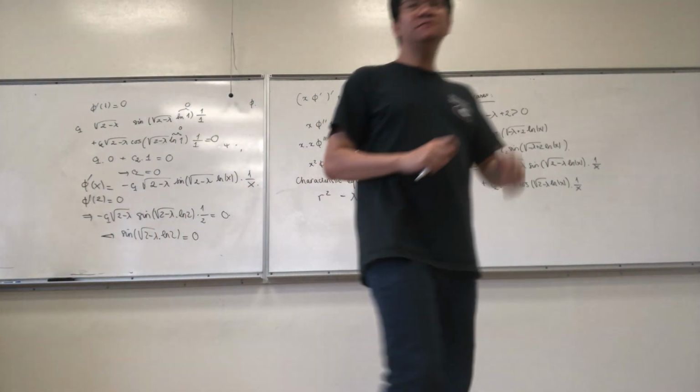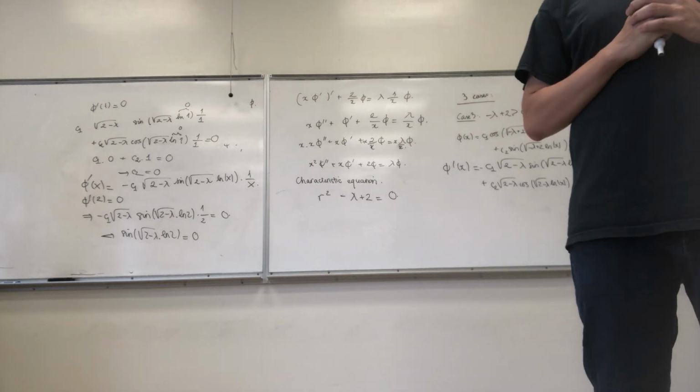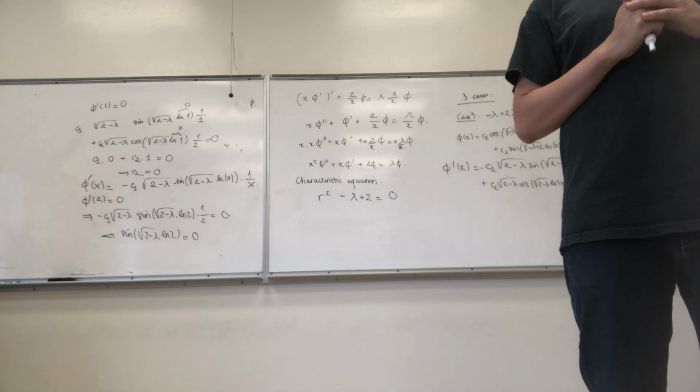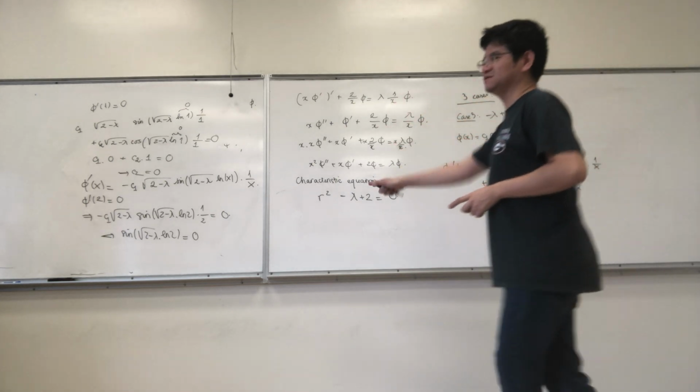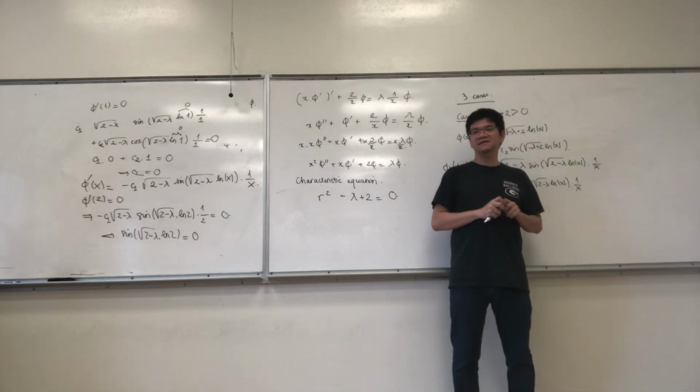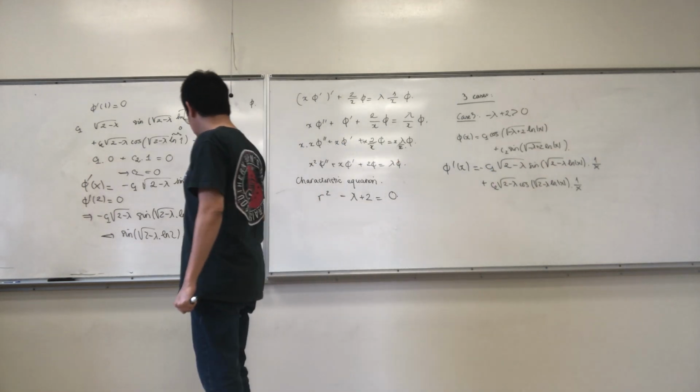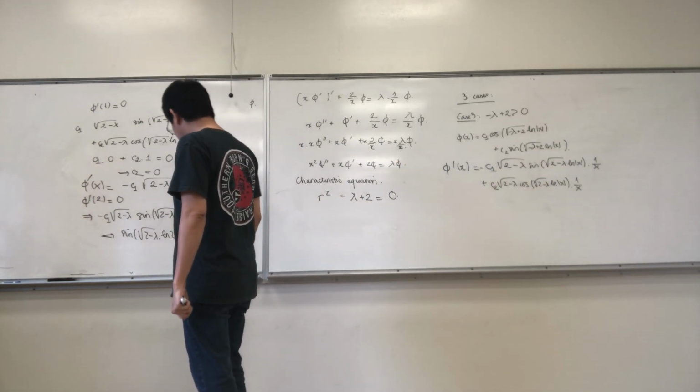So what is the value of lambda? You have sine of something is 0. What is this something? So the entire argument has to equal n pi, because it has to equal 0.